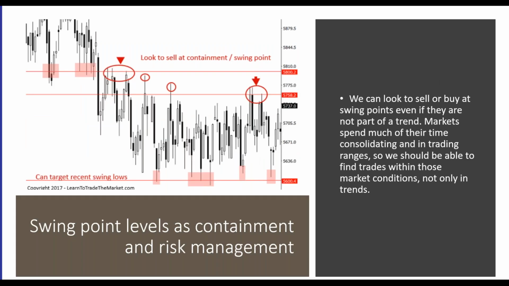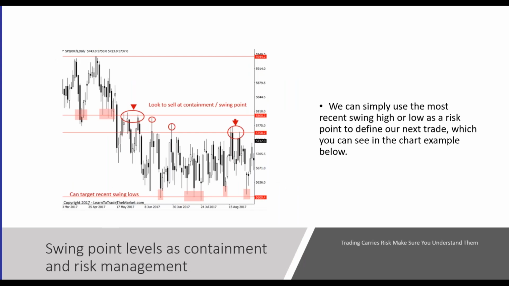We can look to sell or buy at swing points even if they are not part of a trend. Markets spend much of their time consolidating and in trading ranges, so you'll be able to find trades within these market conditions, not only in trends. We can simply use the most recent swing highs and swing lows to define our next trade, which can help us, as we see in this example on this chart.